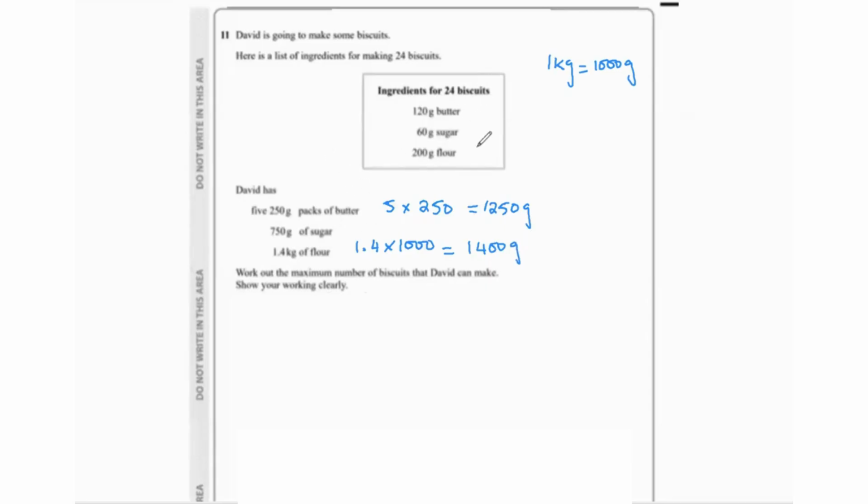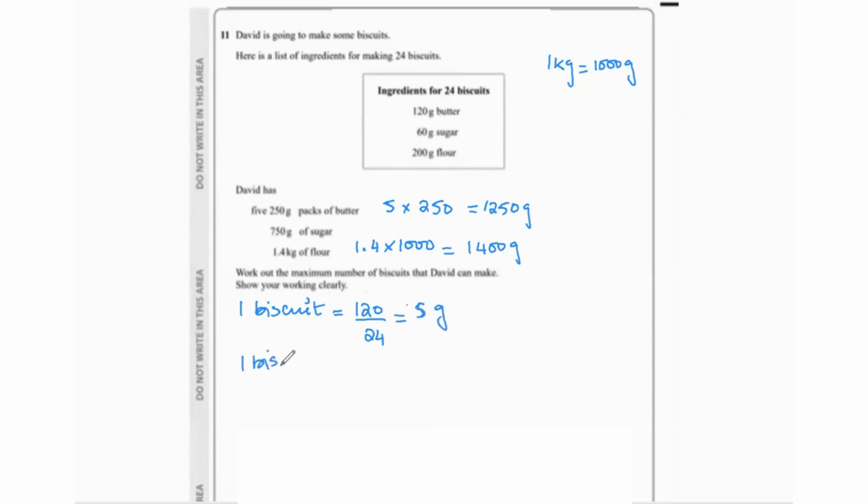So we know the ingredients for 24 biscuits. So why don't we find the amount that we will need for one biscuit? So for one biscuit, for butter, it will be 120 divided by 24, which equals 5 grams.